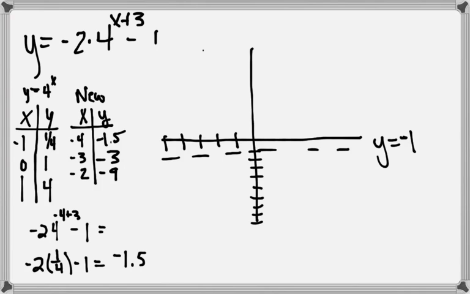Listen carefully. In an exponential, if you don't remember this, you need to write it down now. In exponentials, the vertical shift is the asymptote. In logs, the horizontal shift is the asymptote. In exponentials, the vertical shift, the up and down motion, is going to tell you the horizontal asymptote.